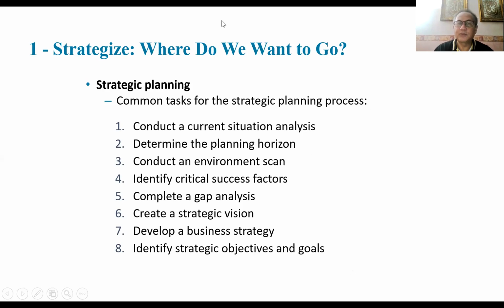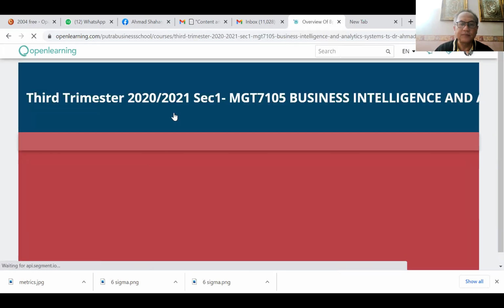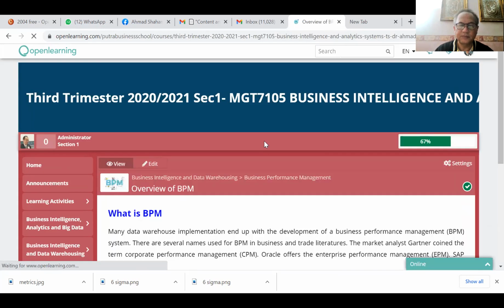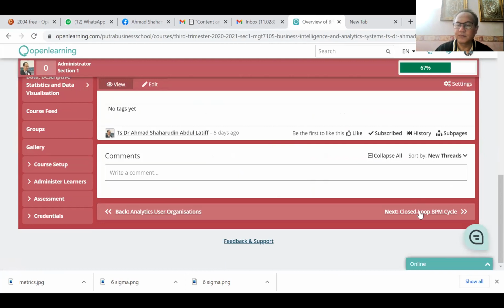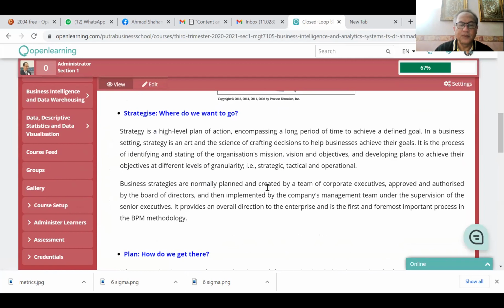In my open learning notes, it is normally created by a team of corporate executives, approved and authorized by the board of directors, and implemented by the company's management team under the supervision of senior executives.